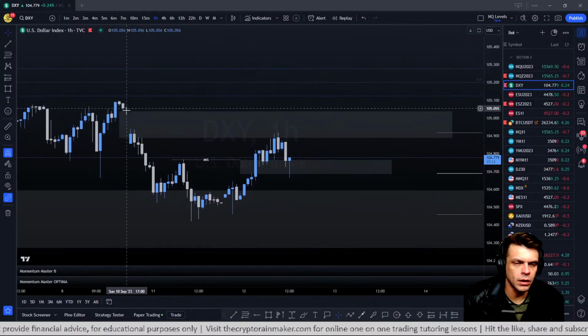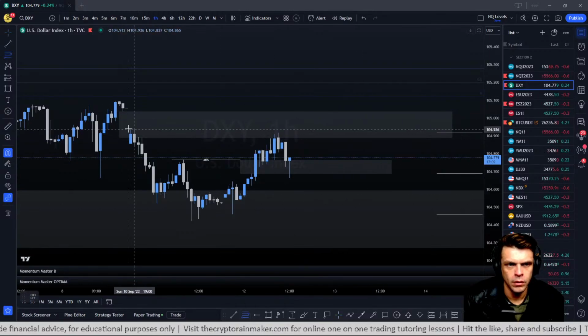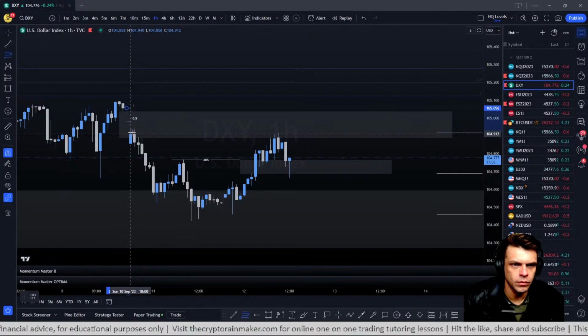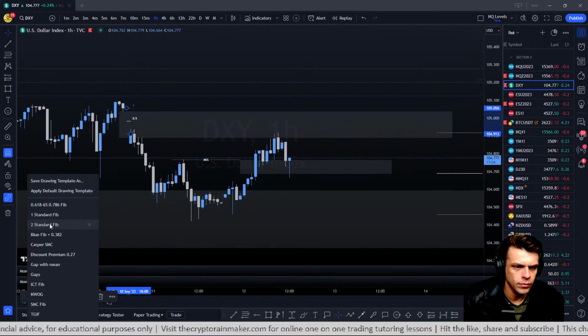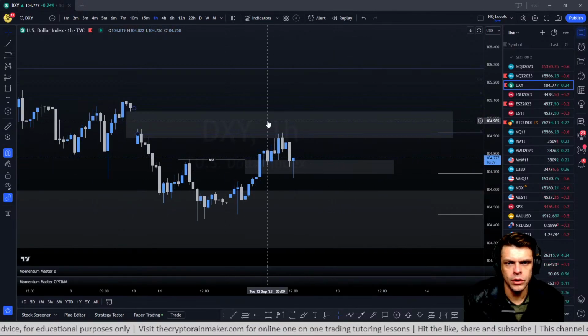So this is a liquidity void, so there was no trading in between that area. Mark that off. Just touched it.